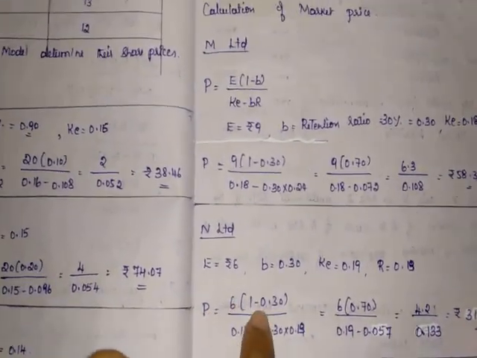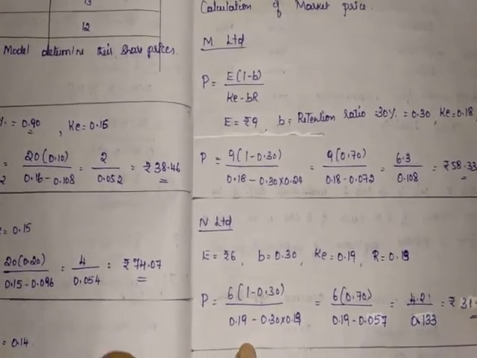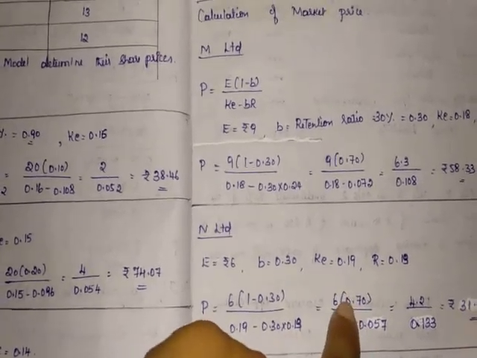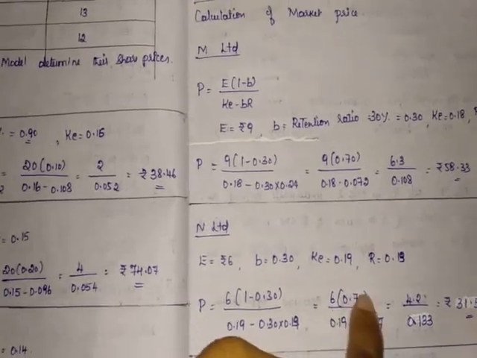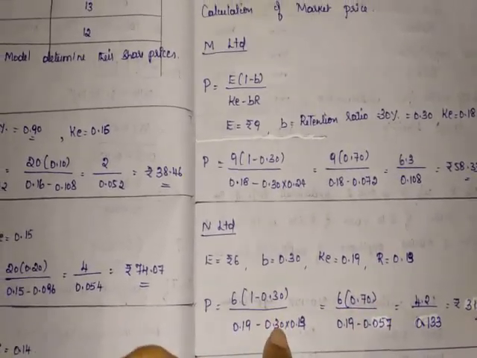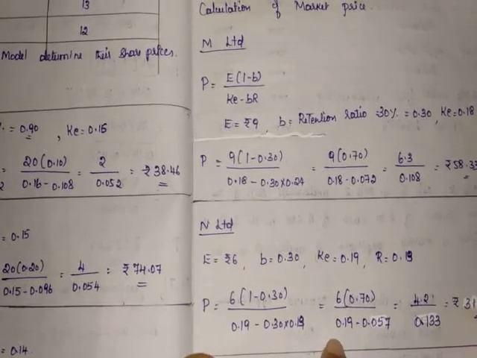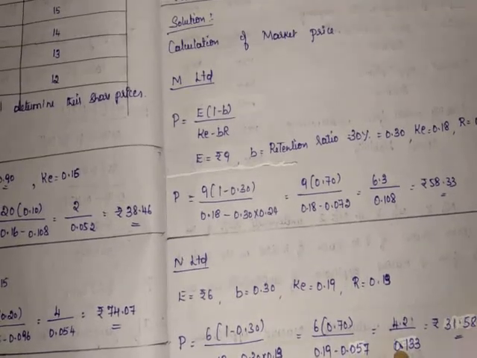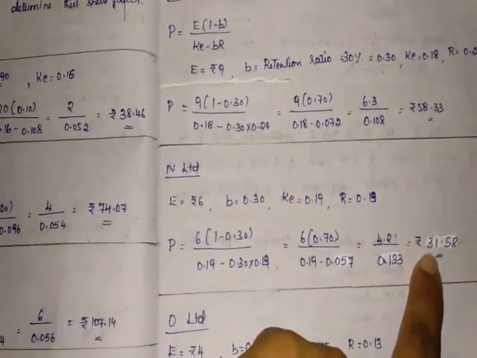So 6 into 1 minus 0.30 divided by 0.19 minus 0.30 into 0.13. 6 into 0.7, how we got 1 minus 0.3, 0.7. 0.30 into 0.13, you'll get 0.039. So 0.19 minus 0.039, you'll get 0.151. 4.2 divided by 0.151. Market price is rupees 27.81.